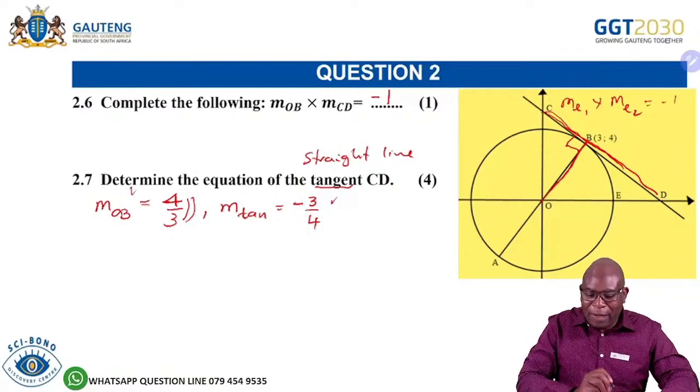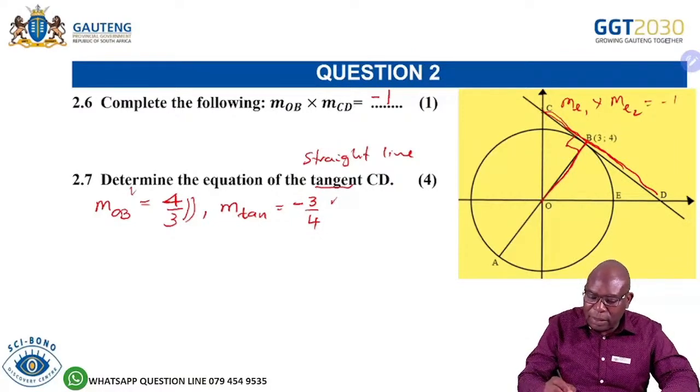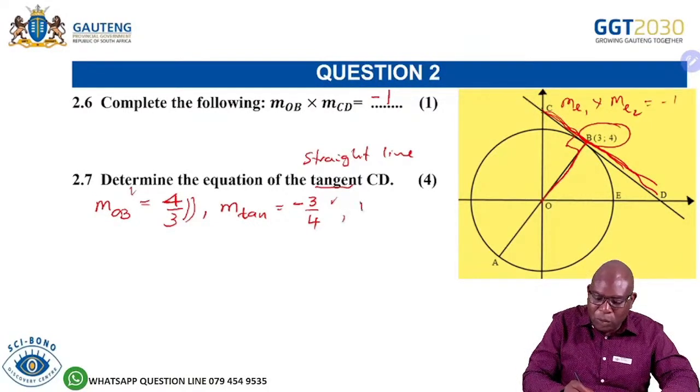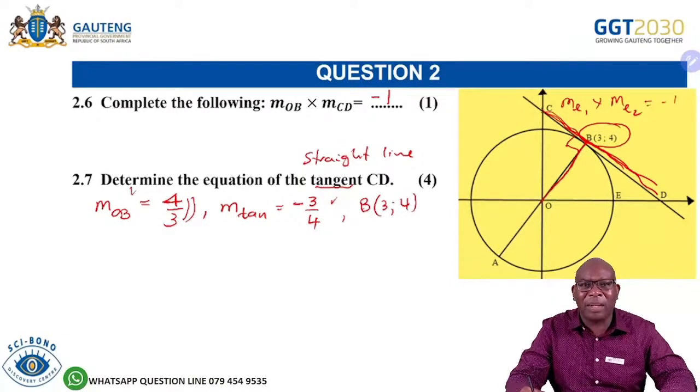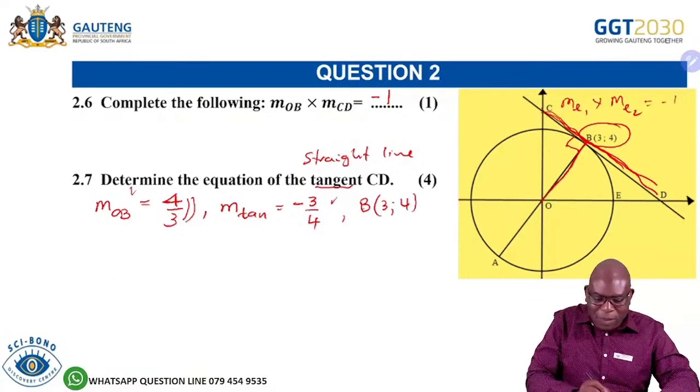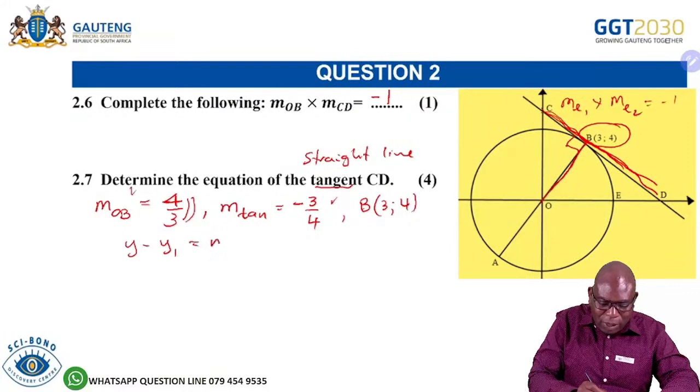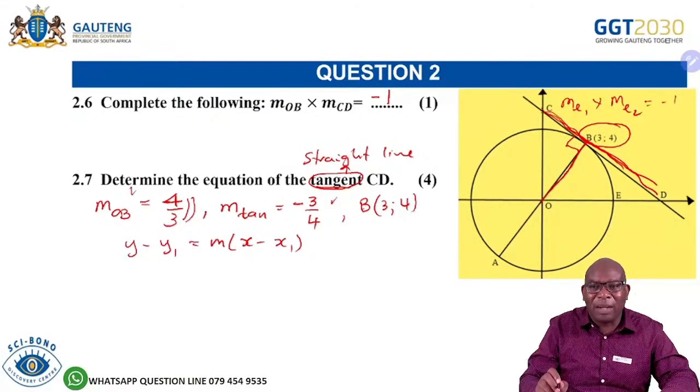Now, the equation of the tangent, this line CD has got a point here. So I'm going to use B, (3, 4). Nice, because I don't like negative numbers and fractions and all that. So now I say y minus y1 equals m into x minus x1. Why am I using this formula? Because I said the tangent is a straight line in this case.